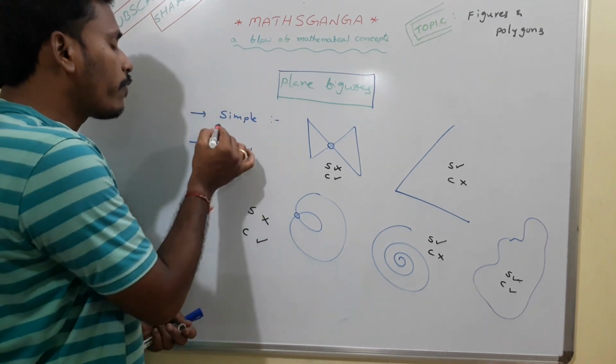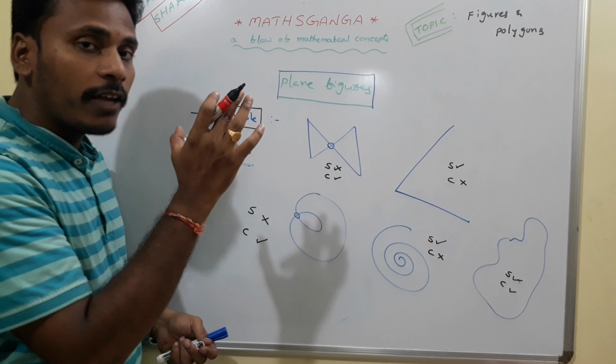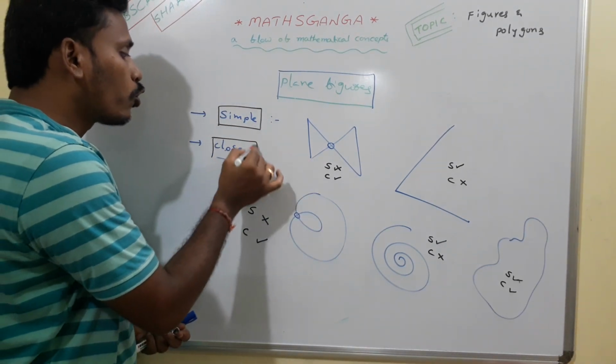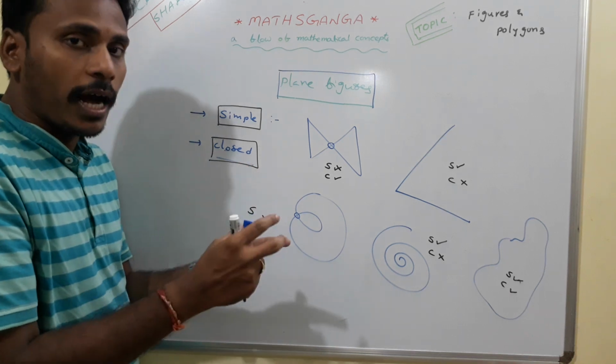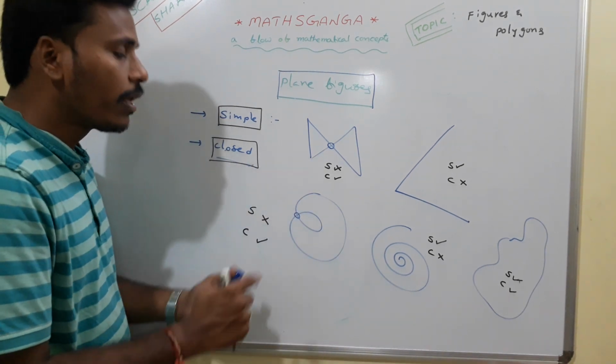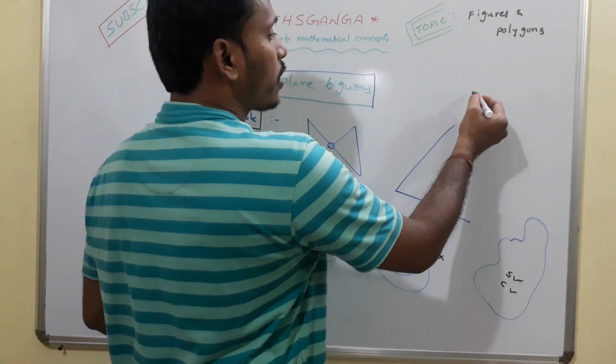To decide whether a figure is simple or not, we need to observe the intersection points. If it has an intersection, it is not simple. To decide whether a figure is closed or not, we need to observe the curve. If the initial point and the ending point are the same, then it is closed; otherwise it is not closed, and we say it is open.